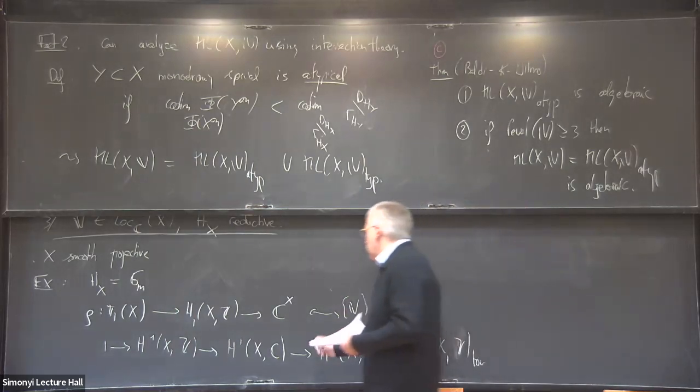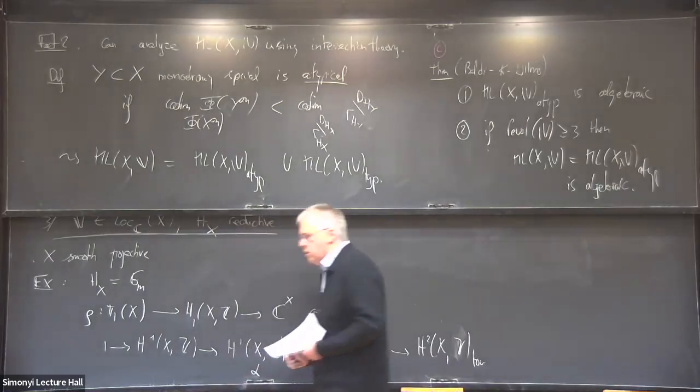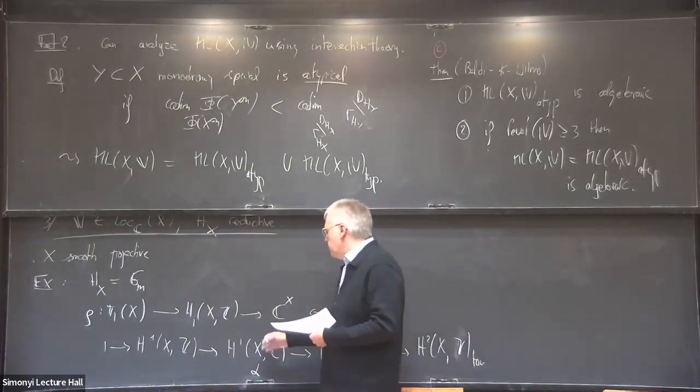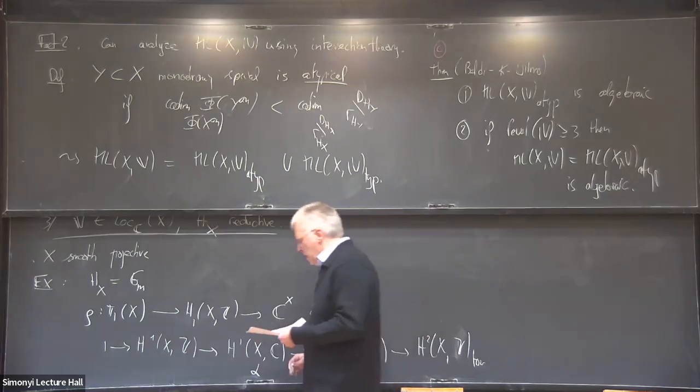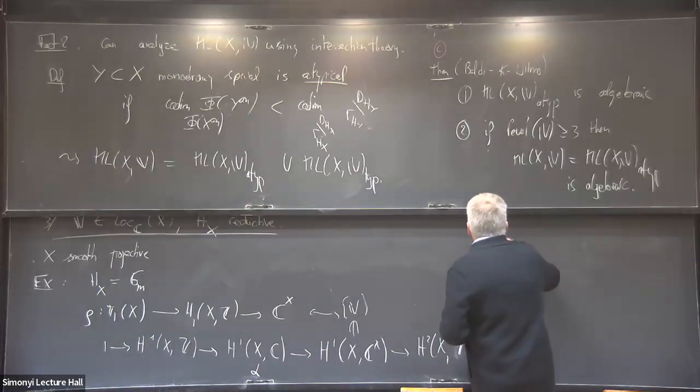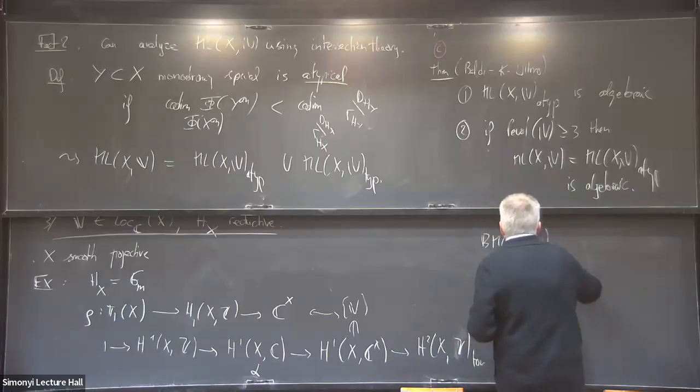So this means that I can understand it through an element here. And by Hodge theory, I can just take the non-zero part if I want. But in any case, if I look at the big monodromy locus, what is it?